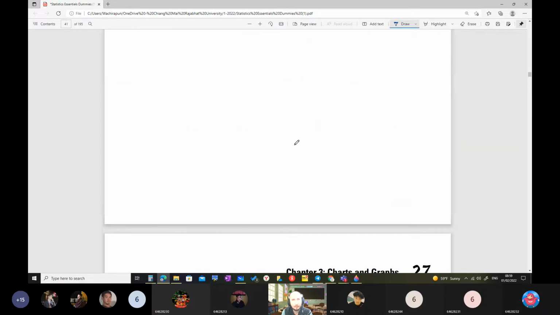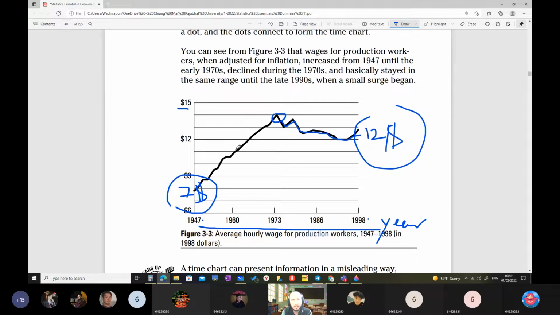And we need to connect dots, right? If these are dots, we need to connect them. But what if we have one dot here and one here? Three dots are hard to connect, so we need more data, and then it can connect nicely.